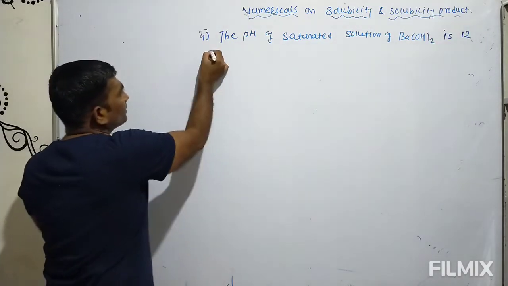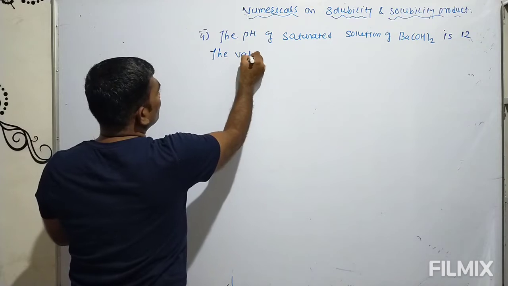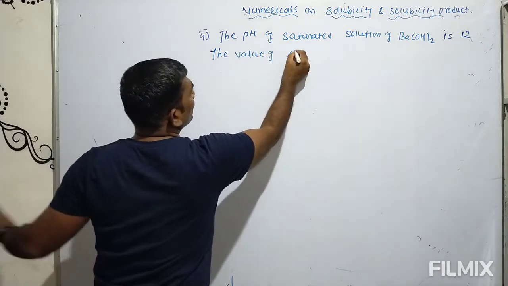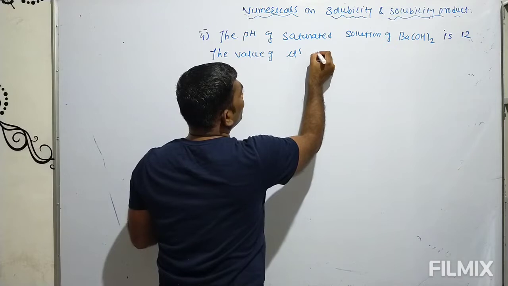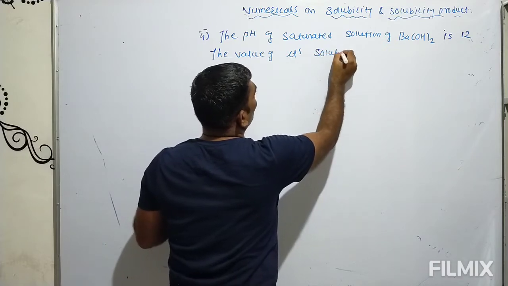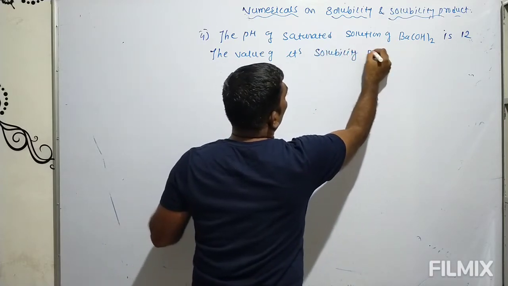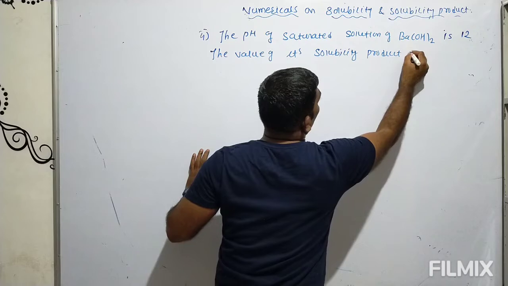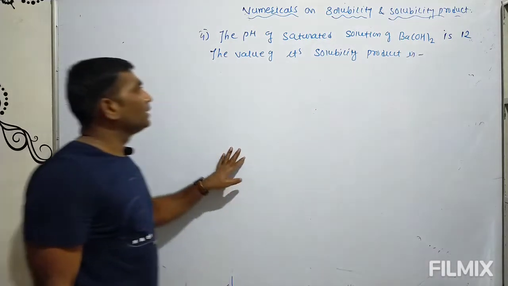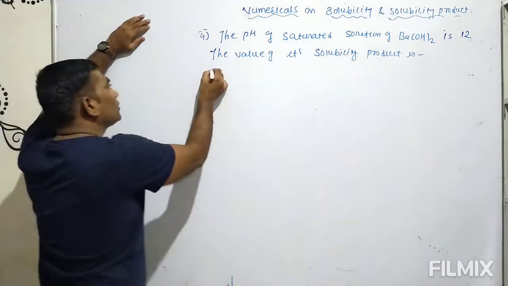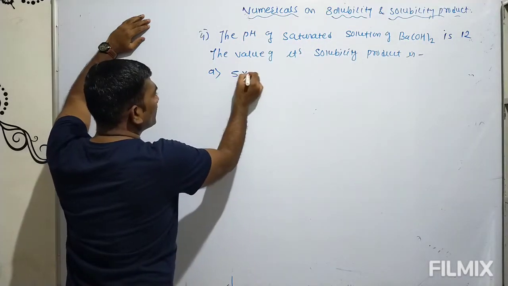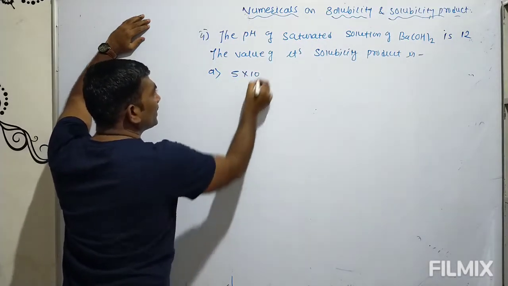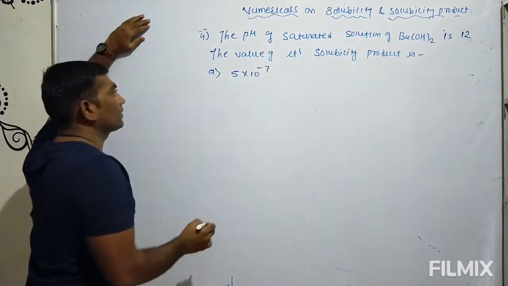The value of its solubility product is? Option A is 5 into 10 to the power minus 7.